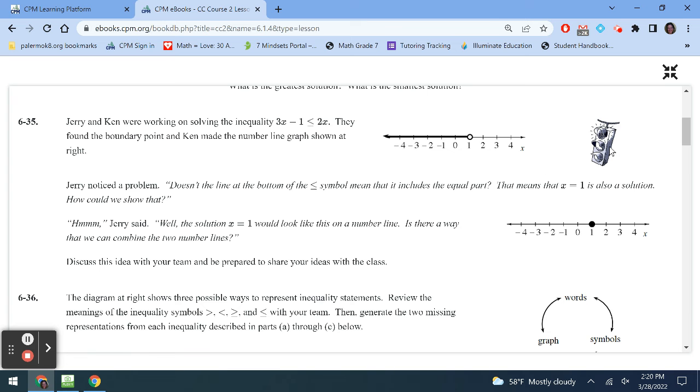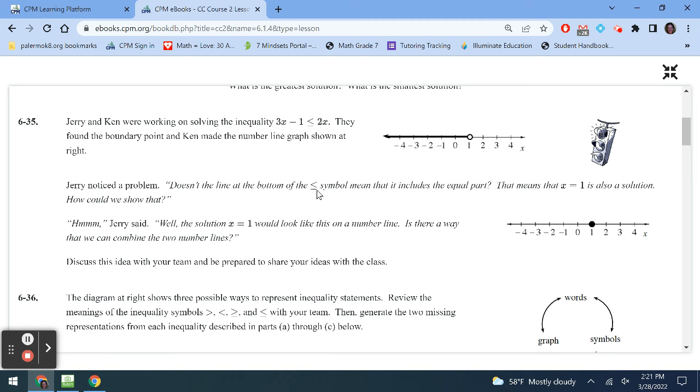But notice right here, we have this symbol. This symbol means in CPM that the students made a mistake and that it's our job to go in and fix that mistake because it's a common mistake. So we want to pay attention to that. Jerry noticed a problem. Doesn't the line at the bottom of this symbol mean that it includes the equal part?